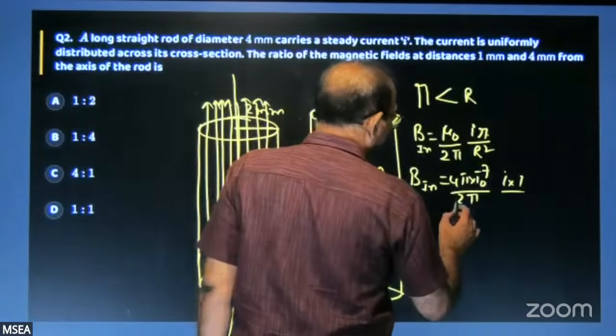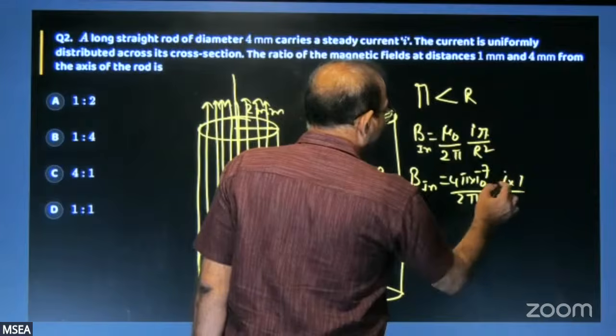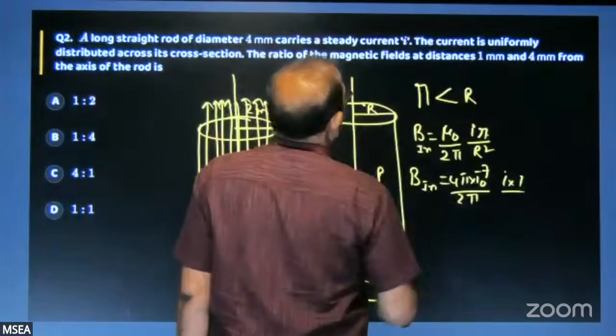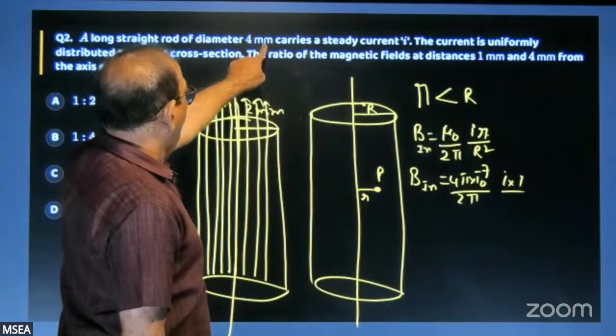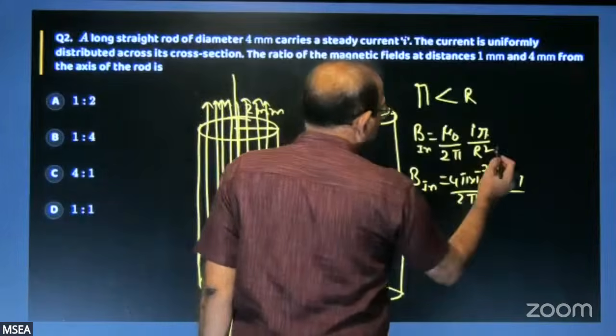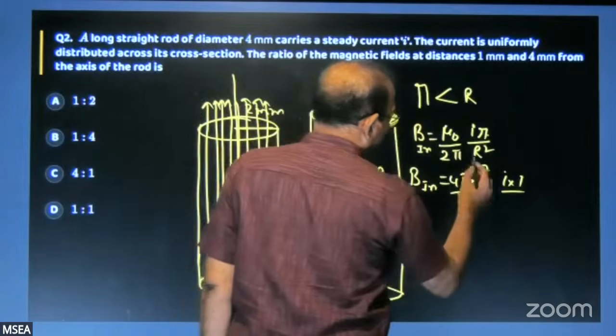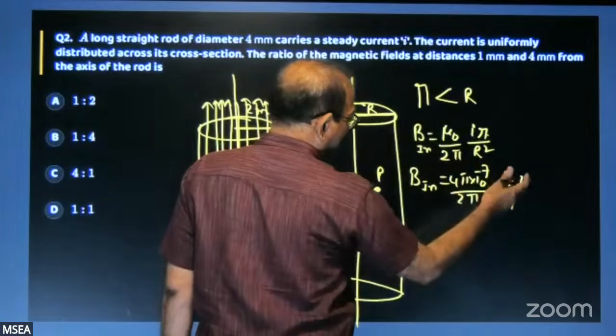So 1, by capital R square. What is capital R? Radius of the wire. The diameter is 4 mm, so radius is 2 mm. So 2 square, 4. Just the units I'm not converting, just the ratio.